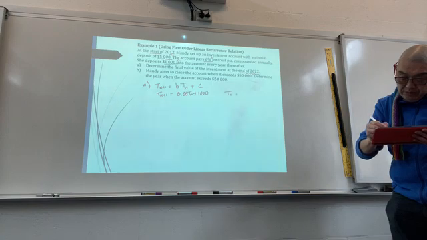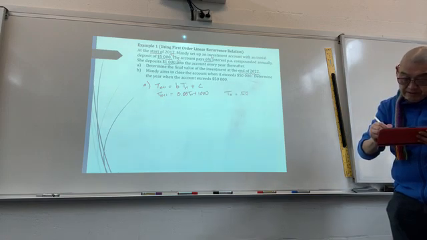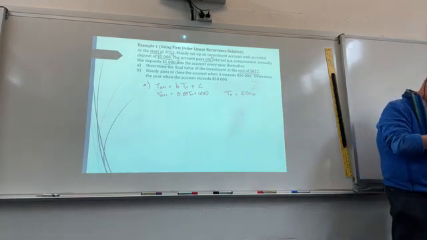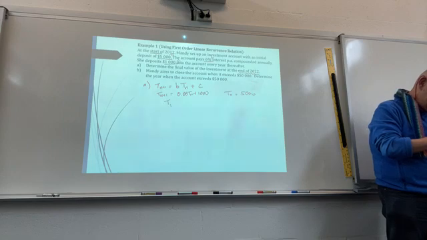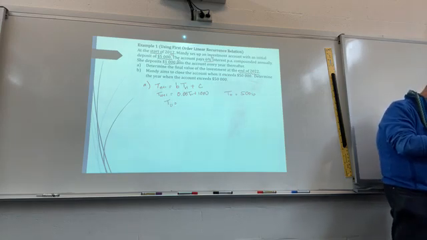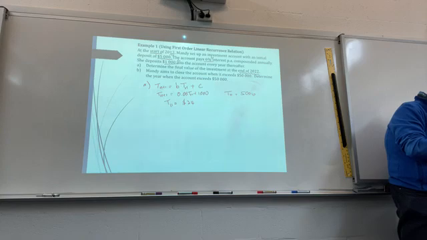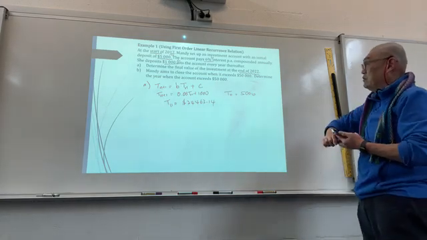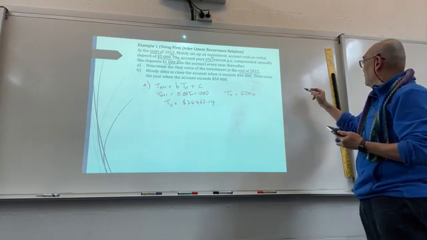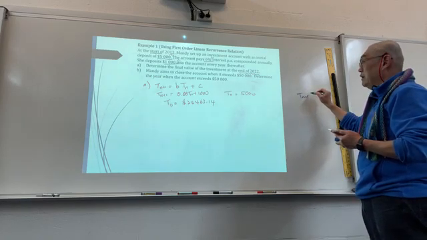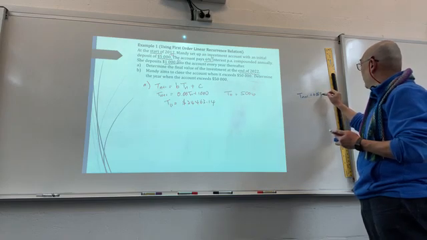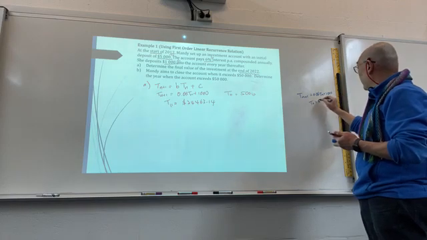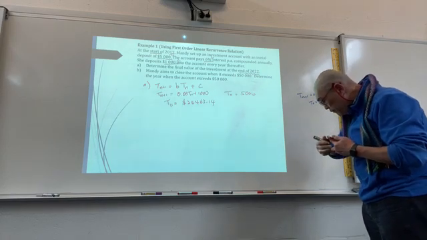T naught equals 5000. Use your ClassPad. If you use your ClassPad, you should know that T11 equals 24463.14. Now I'll show you on the ClassPad. Let me write it down on the whiteboard so that I don't forget: Tn plus 1 equals 0.06 Tn plus 1000, and T naught equals 5000. All right, ClassPad.